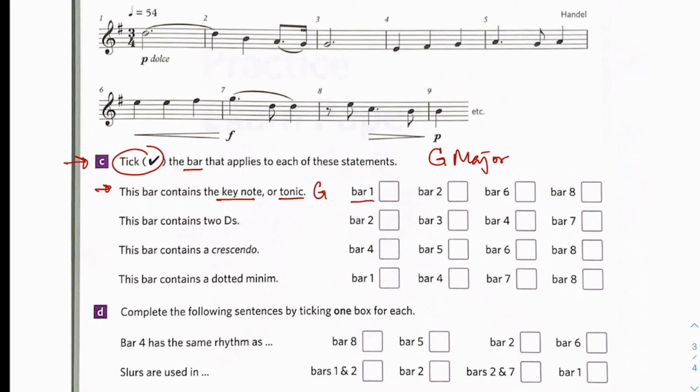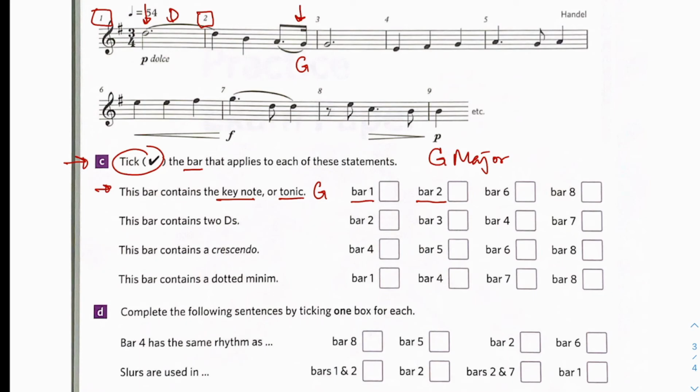Our first choice is bar number 1. In bar number 1, we have a D in treble clef, so it's not correct. Bar number 2 is here, and in bar number 2, we do have a G, which is here.